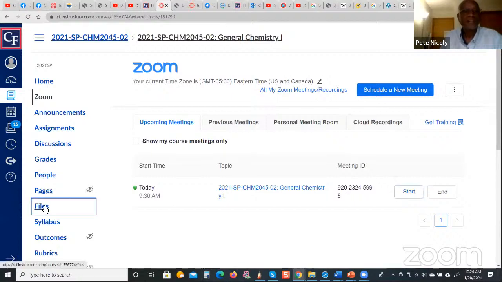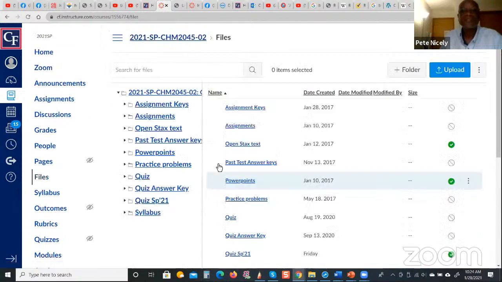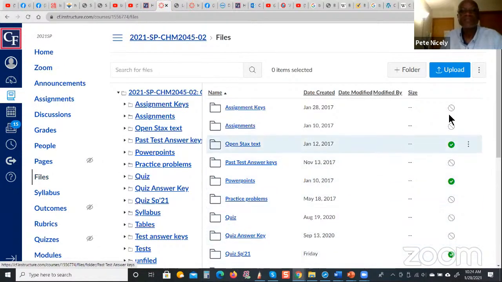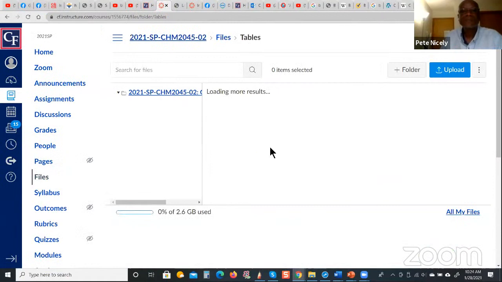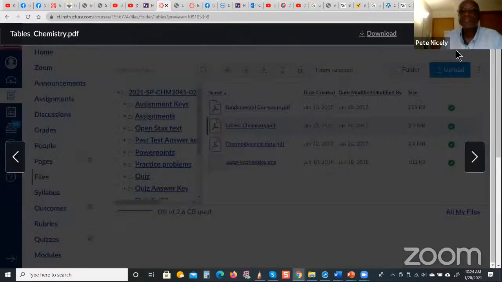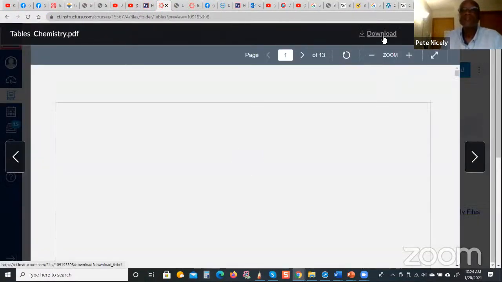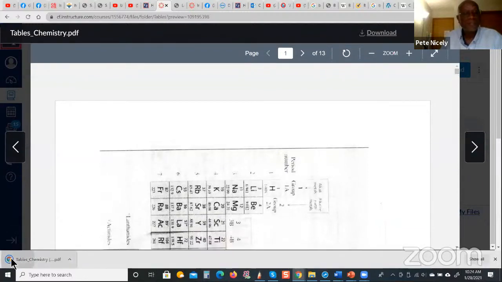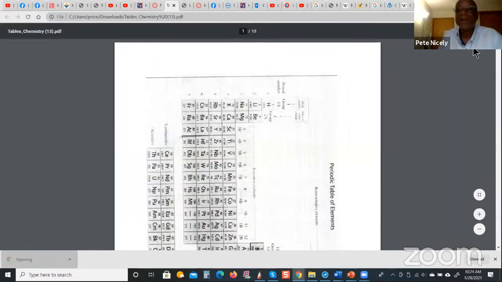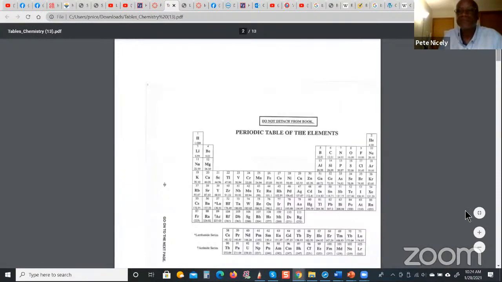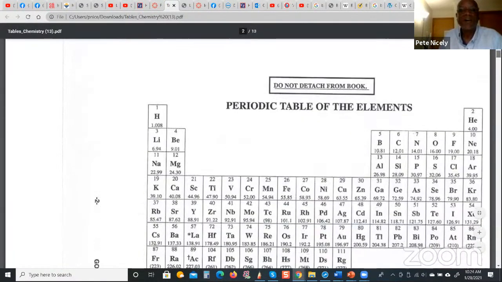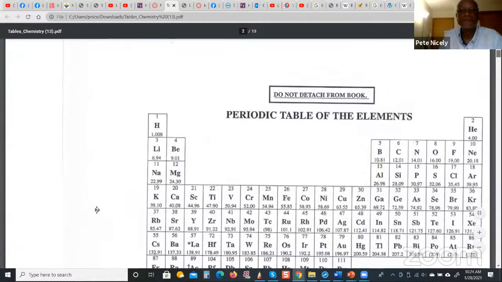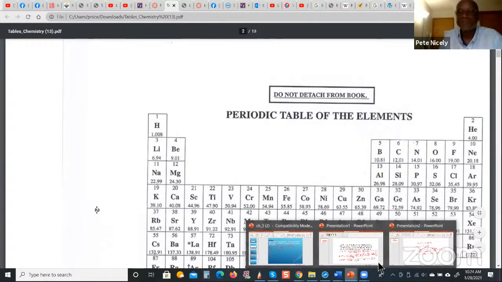Okay, files, tables, chemistry, download, bring that up. Okay, so magnesium has a molar mass of 24.30. Okay, I was almost right.